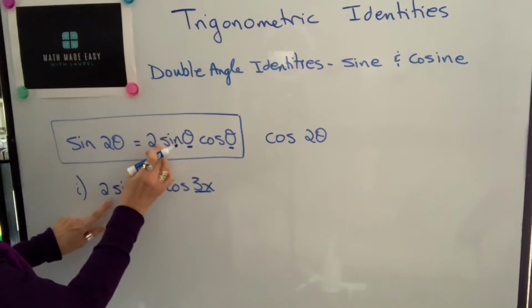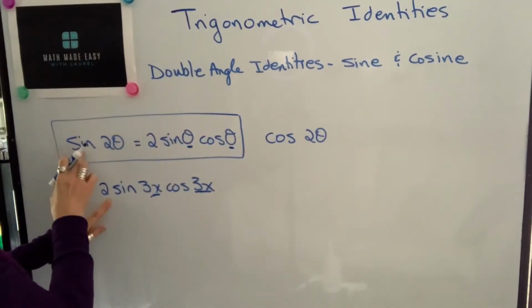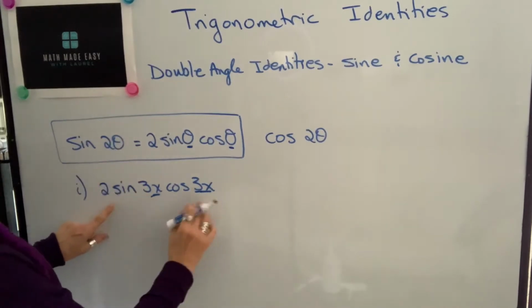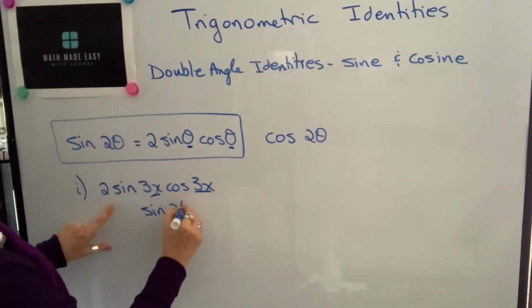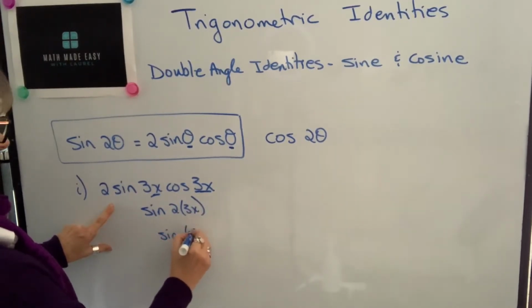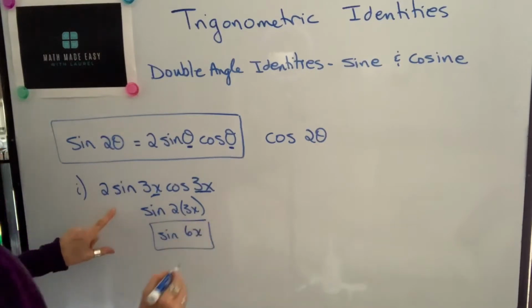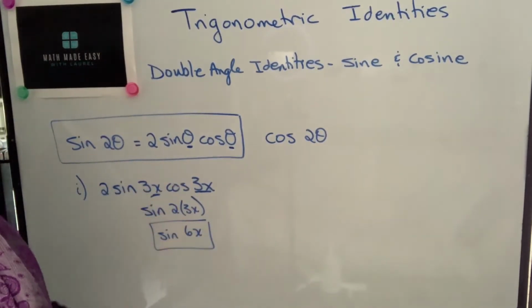So I know that 2 sine of some angle, cos of that same angle, will equal sine of 2 times that angle. So this will be equal to the sine of 2 times my angle of 3x. So this will be equal to the sine of 6x. So it will be necessary for you to be able to recognize that.